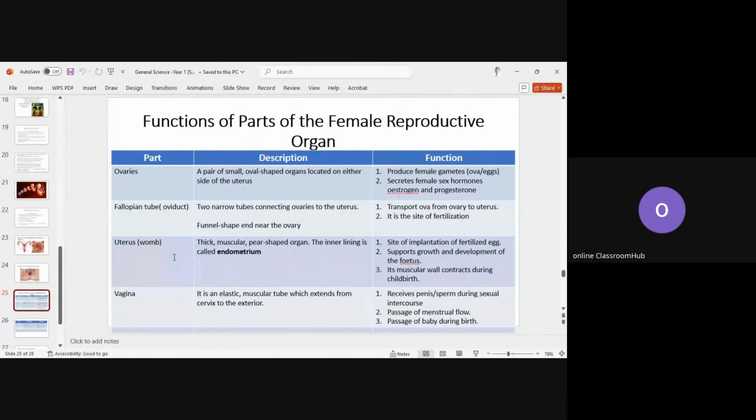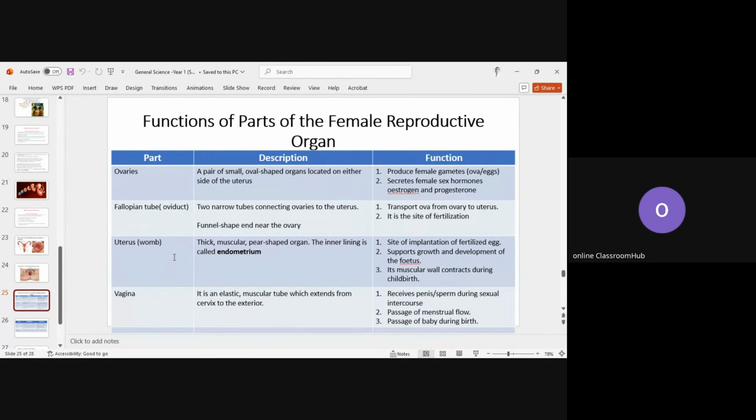The uterus, that is the womb. It is very thick and muscular, a pear-shaped organ. It's very strong. The uterus can stretch to accommodate even 3, 4, 5 babies in the stomach. It's a very elastic, powerful organ.